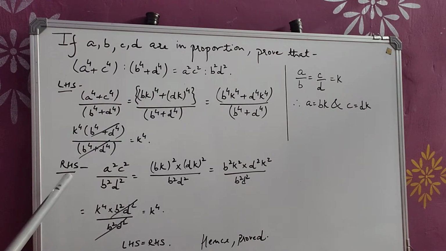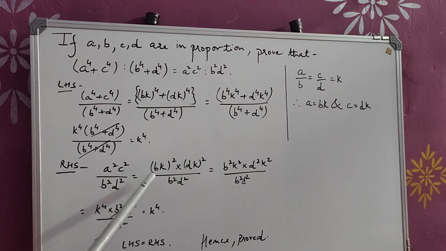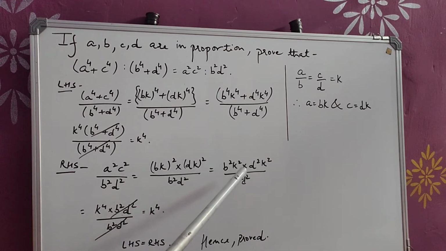On the right hand side, the terms given are A square C square upon B square D square. Again substituting the values of A and C, A square can be written as BK whole square into C square written as DK whole square upon the same denominator B square D square. On squaring these two terms, they change to B square K square into D square K square upon the same denominator B square D square.